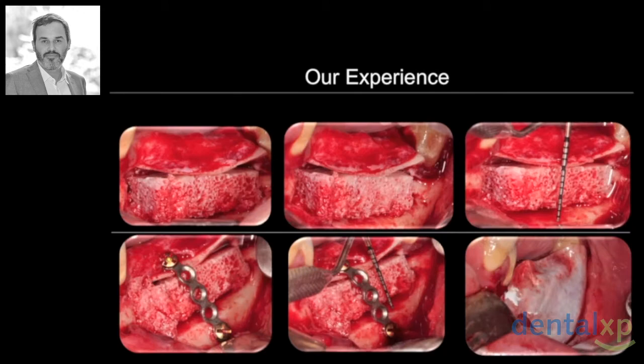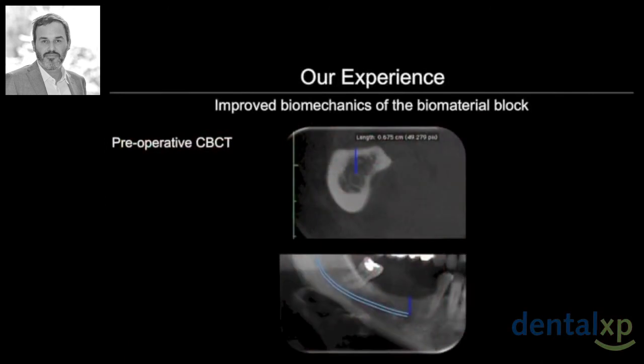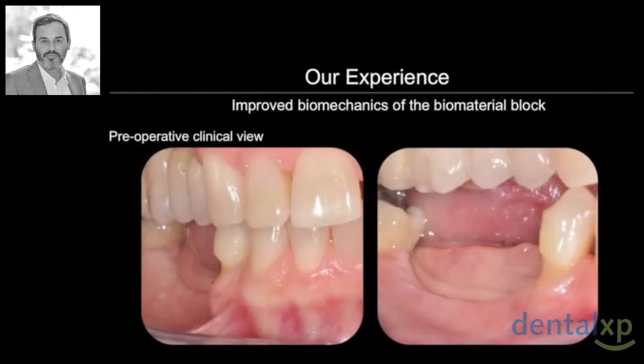Another example in the posterior mandible. Look at this other case. In this case, we have atrophy in the posterior mandible. Clinical posterior atrophy on the right.